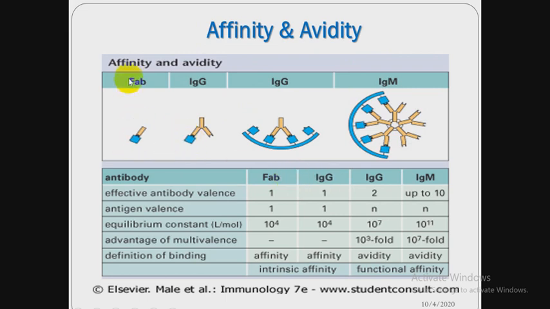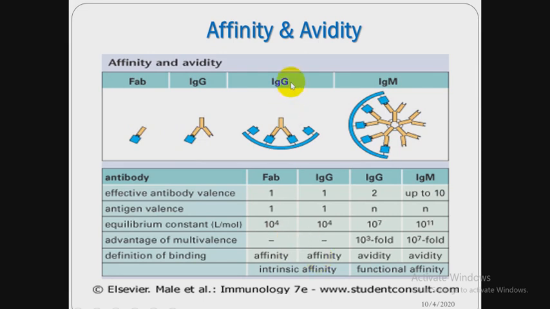In the first column, we have the Fab region of the antibody, and in the second column, we have IgG. But because we have only one epitope, the interaction of this IgG with this one epitope is called affinity. So if we have one epitope and one antigen binding site, the interaction means affinity.